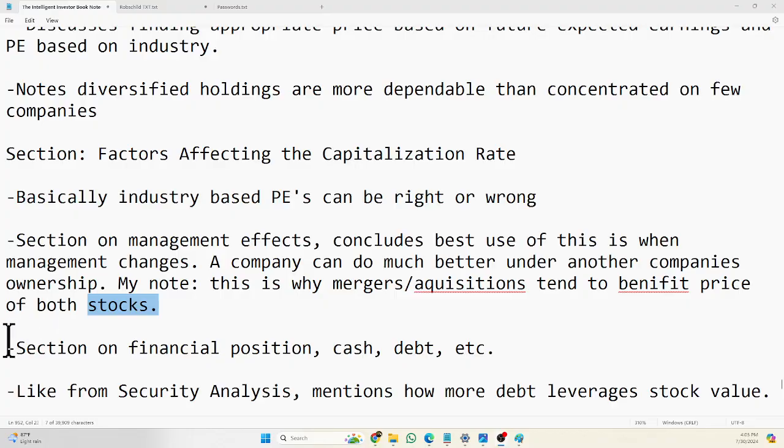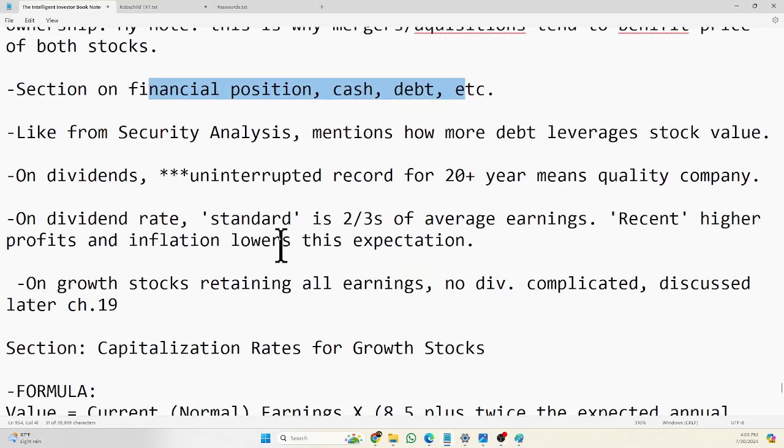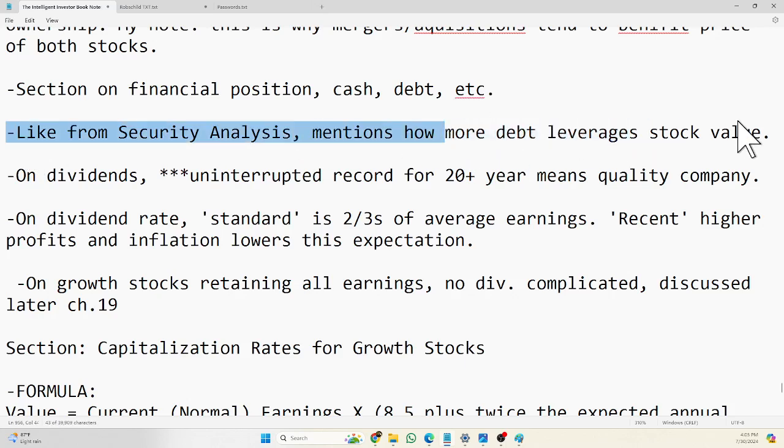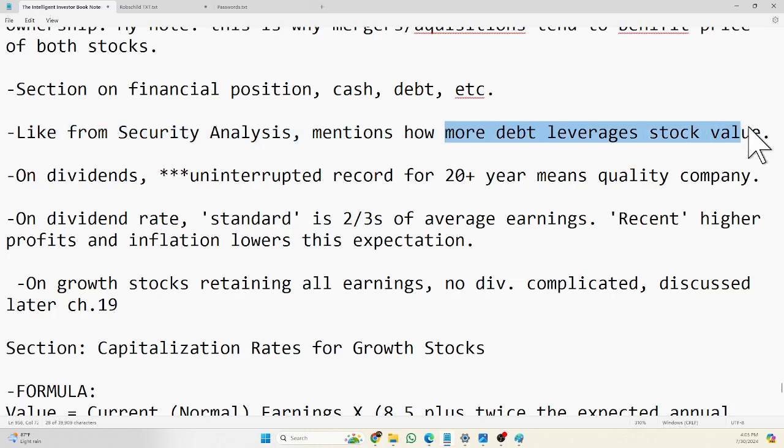And then we have a section on financial position, basically talking about the cash and debt of a company. Like from Security Analysis, he mentions how, again, more debt leverages stock value. This is a very important concept to really understand, how debt and stock value work.